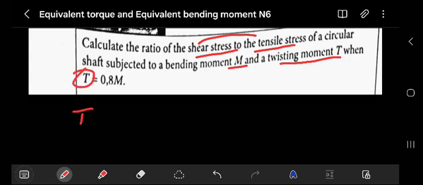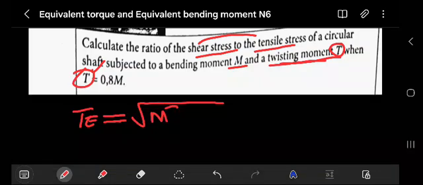We know that this is subjected to bending moment and twisting moment. The equivalent twisting moment Te is equal to the square root of the maximum bending moment squared plus the maximum torque squared.